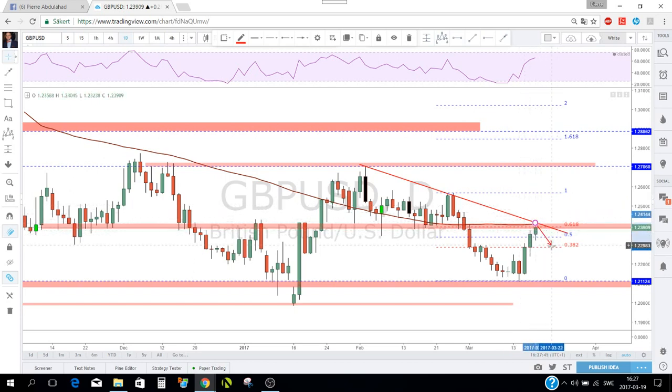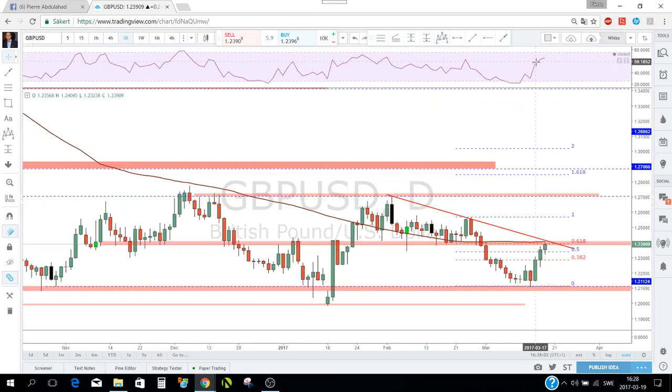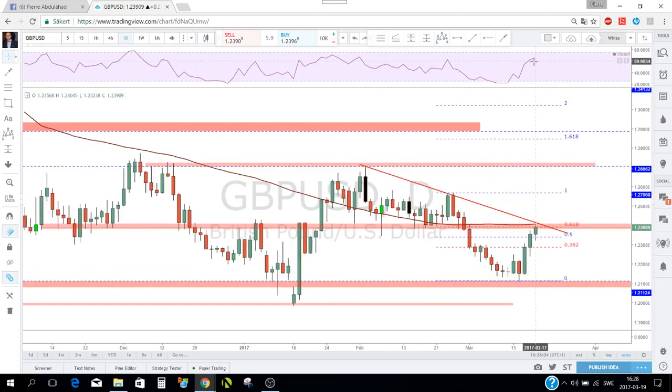You have to wait for at least a correction back down to this area, to this order block, and take your entry from below here if you want to go long. Don't go and buy it here, because as you see, even the daily RSI is heading to the overbought area too. And maybe what you want to see also is a break of the trend line, a retest of the structure, and a continuation.